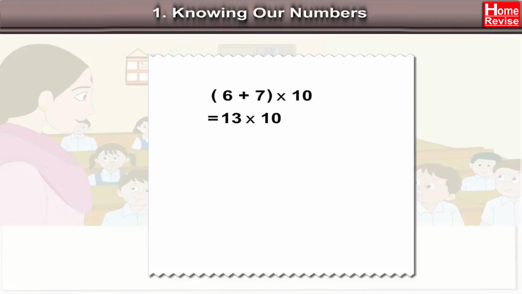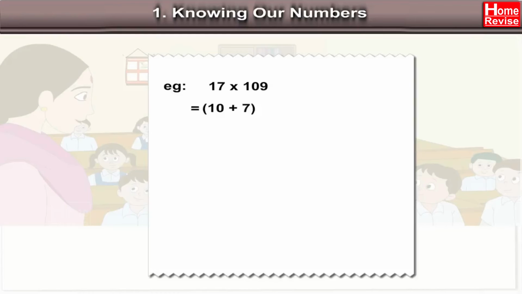Expanding brackets. Now, observe how the use of brackets allows us to follow our procedure systematically. I'll give you an example. 17 into 109. Well, we can write it as bracket open 10 plus 7 bracket close into 109.